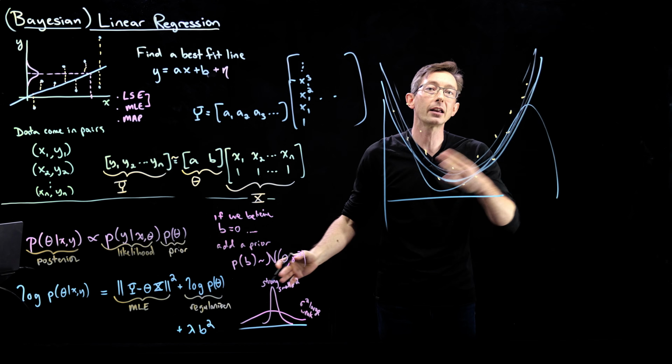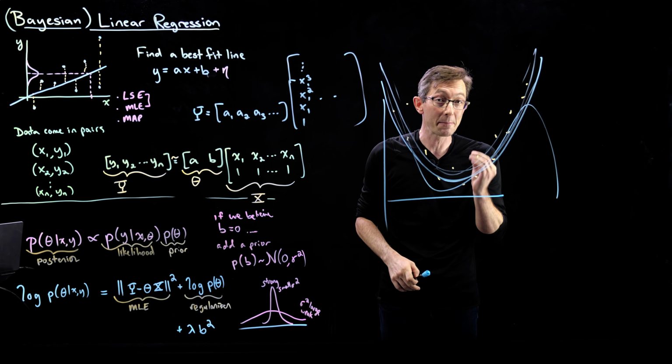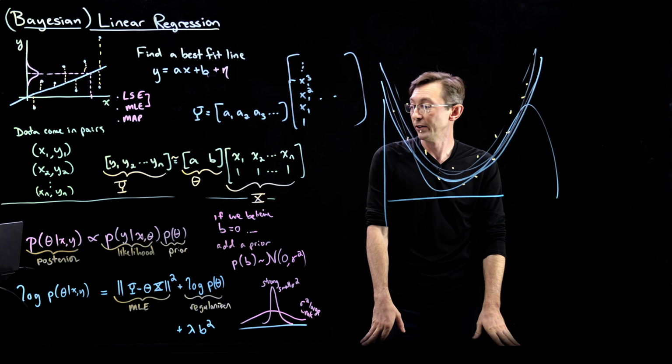Having this prior regularizes that tendency to overfit. So it's a big deal also for preventing overfitting.